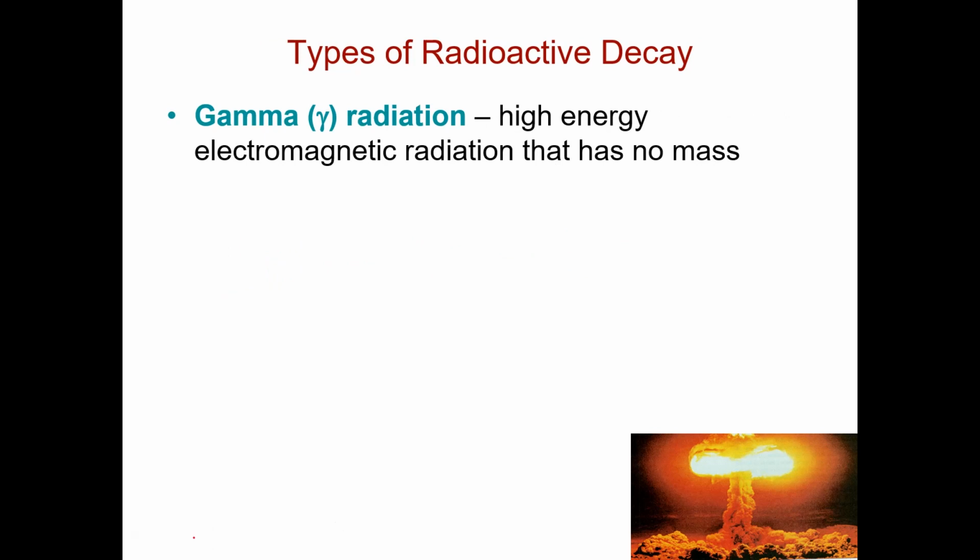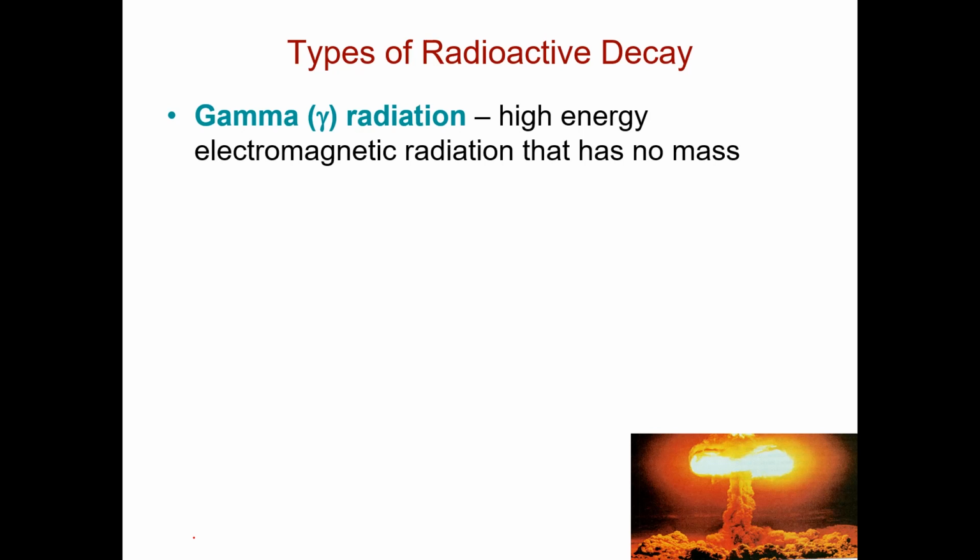So another type of radioactive decay is gamma radiation. Gamma radiation is essentially high-energy electromagnetic radiation. So it's not really a particle, it's actually a form of radiation.